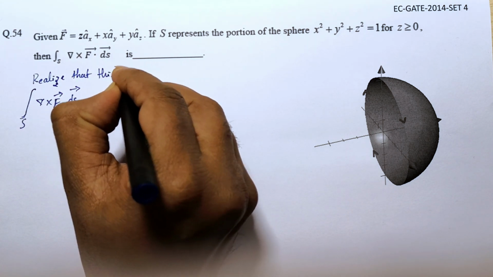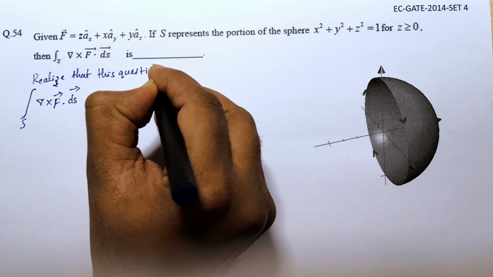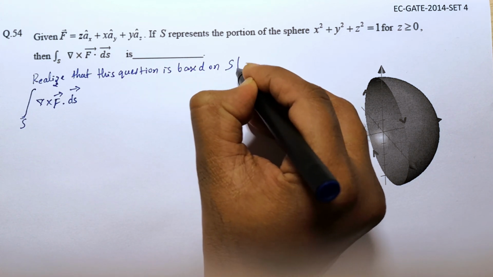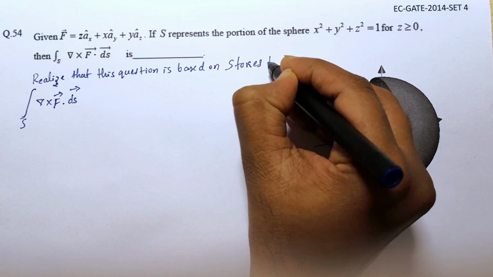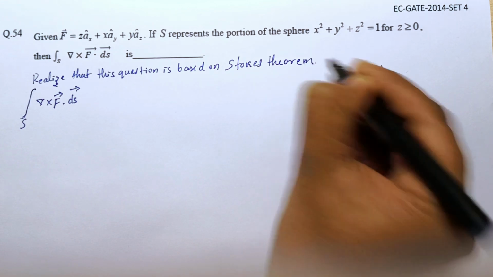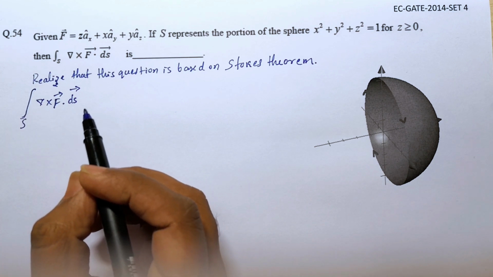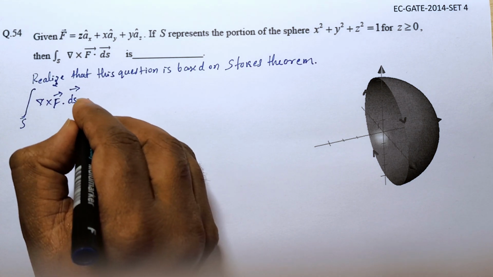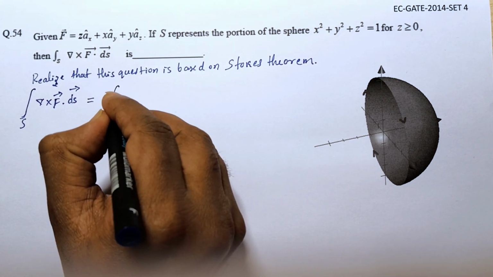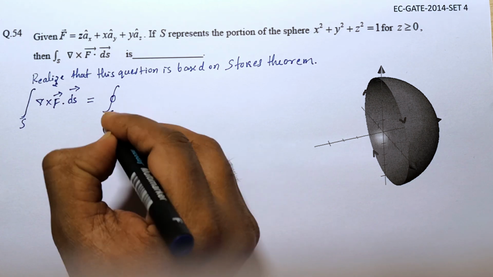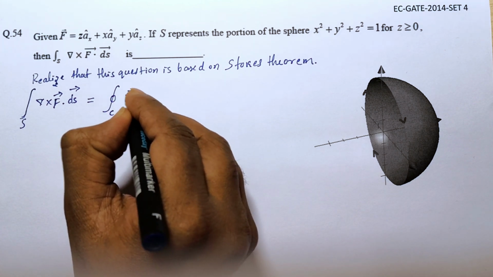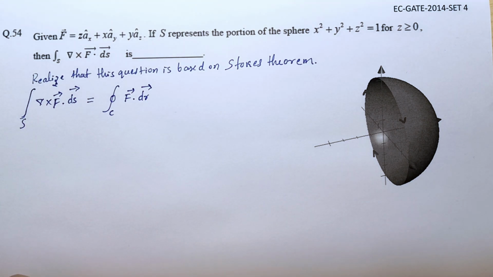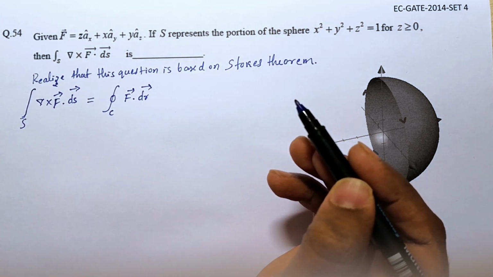So Stokes theorem states that the surface integral of curl of F over a surface can also be given as a closed line integral, a line integral of F dot dr over that line. So this is the Stokes theorem.